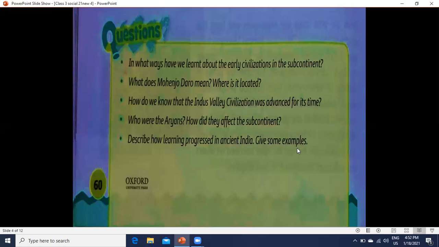You have to write question number 1 in your copy of social study and then write the answer. So I write the answer to question 1 here. You also write like this one in your copy.